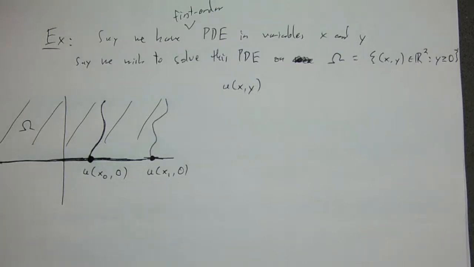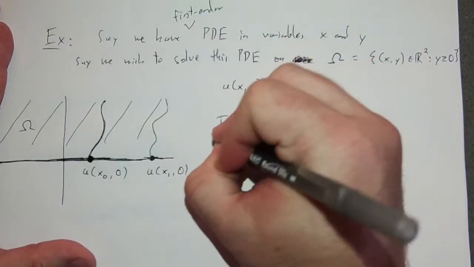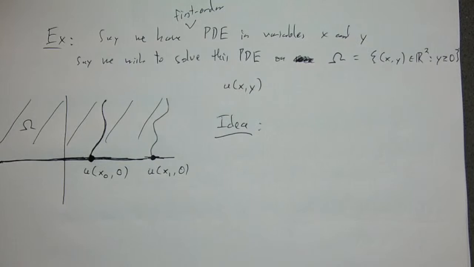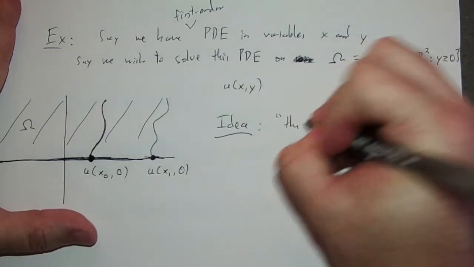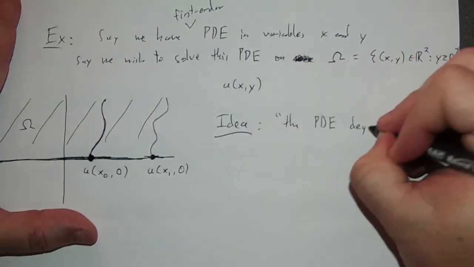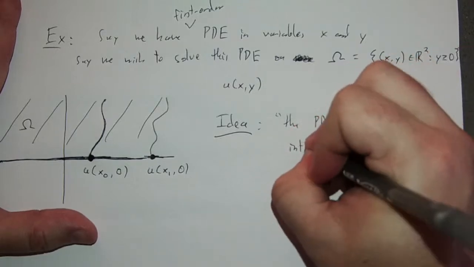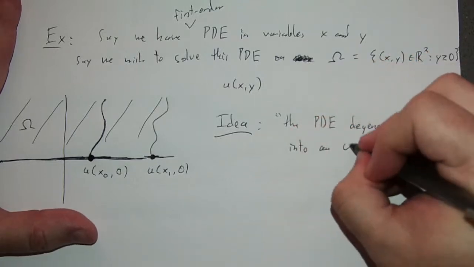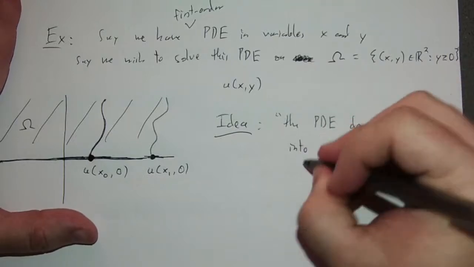So then what is the idea here? This is not being too rigorous, I'm just kind of speaking freely. The idea is that the PDE degenerates into an ODE along such curves.